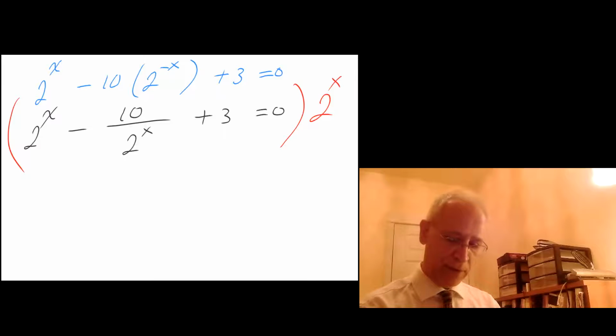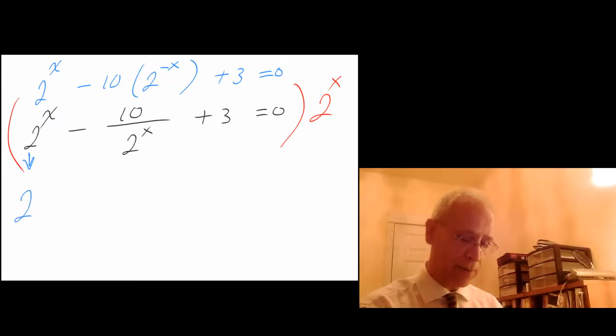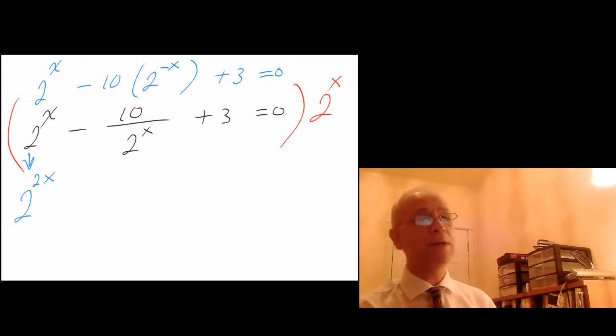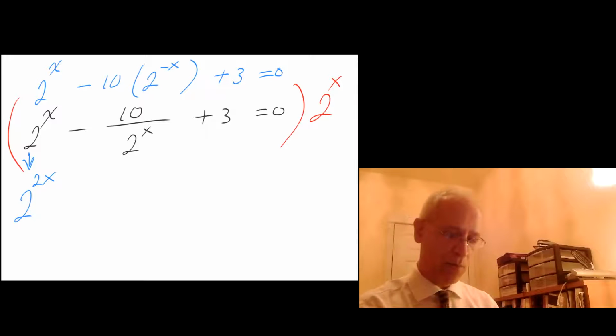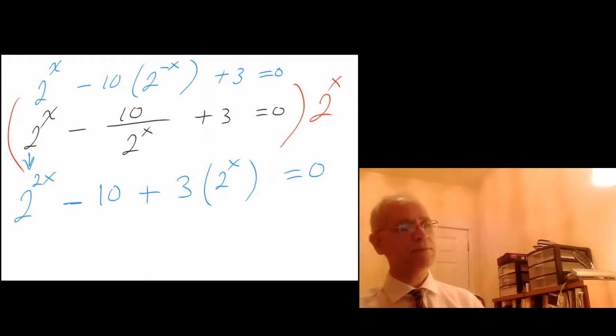The first part, 2 to the x times 2 to the power of x, is 2 to the power of 2x. Remember, we keep the base and we add the exponents. Minus 10 plus 3 times 2 to the power of x, all that equals 0.